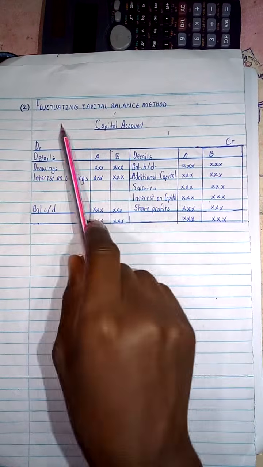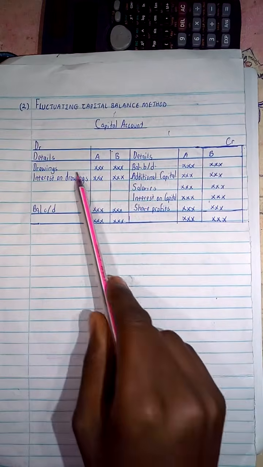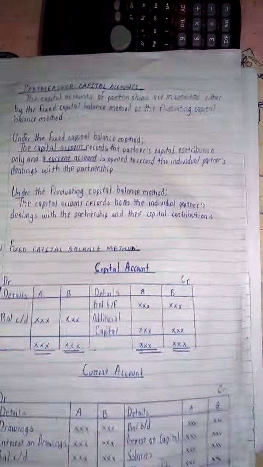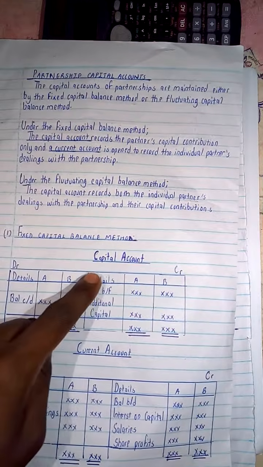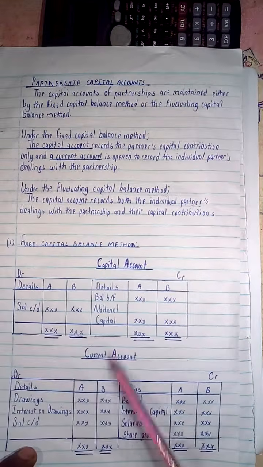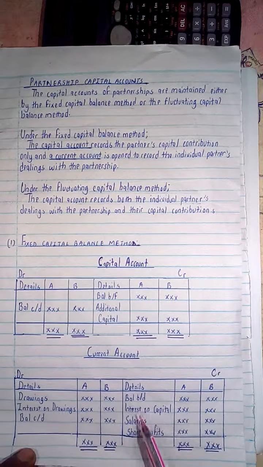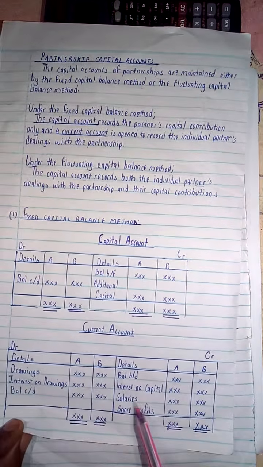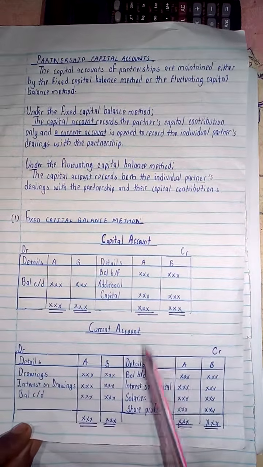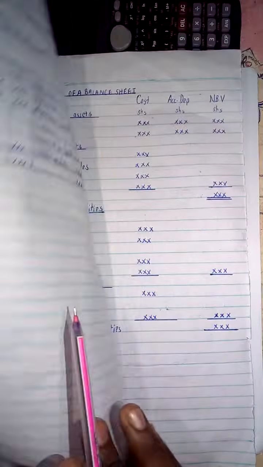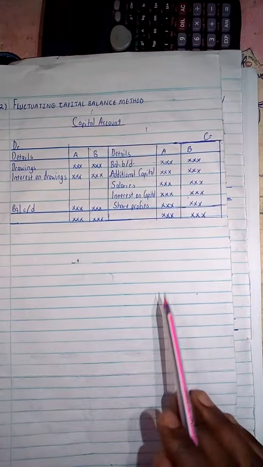Now with the fluctuating capital balance method, it combines both what we had of the fixed capital and also the current. So meaning all this, the additional capital, the interest on capital, salaries, share of profits, is going to be put on the credit side, and this is going to be put on the debit side in the fluctuating, which combines them.